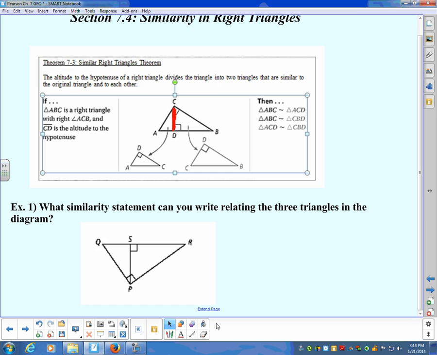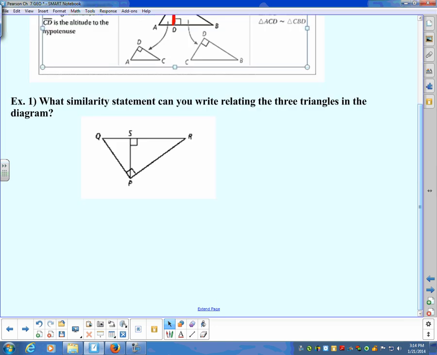It says here, what similarity statement can you write relating the three triangles in this diagram? So let's see if we can get the three triangles. They do share some angles here. We have triangle QRP is similar to triangle... Can you name the correct corresponding pieces of this smaller triangle that's similar to QRP?